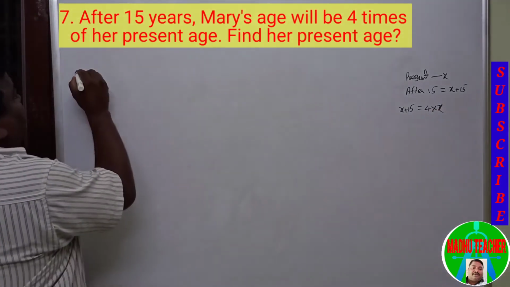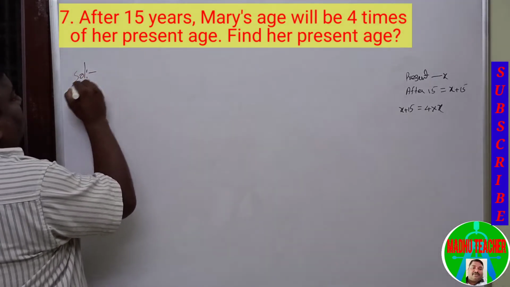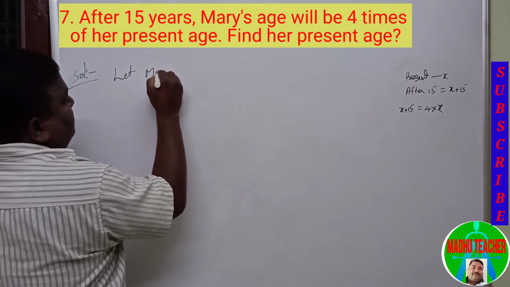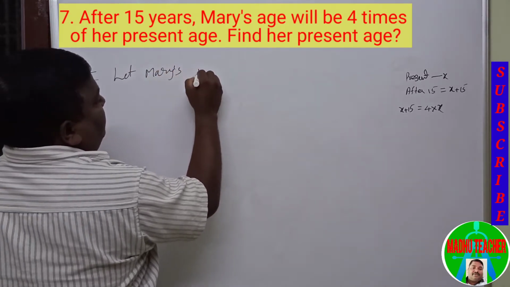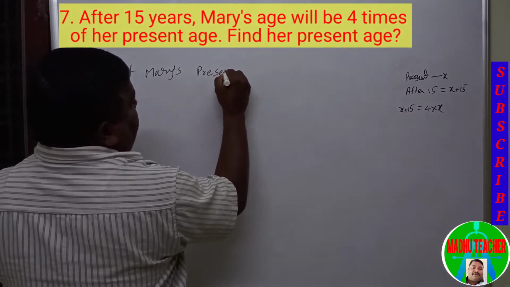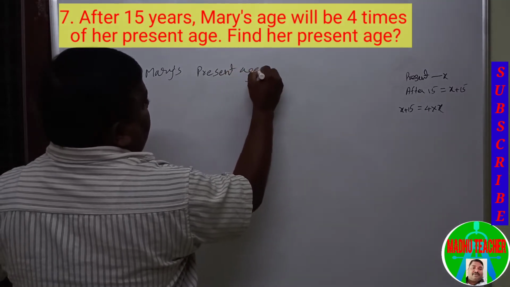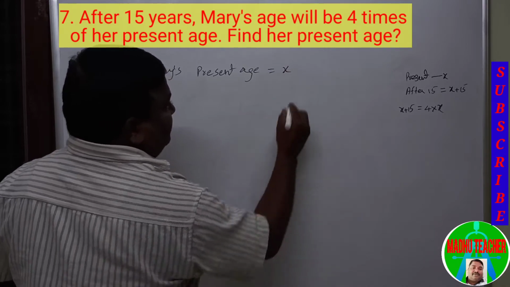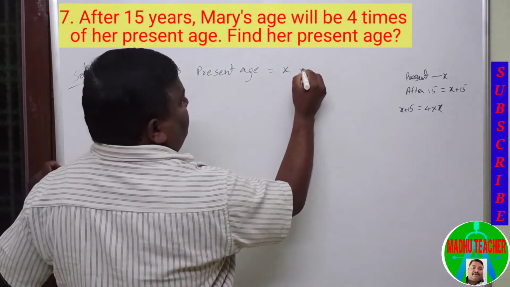Okay, let us write in pair. Let Mary's present age be x years.